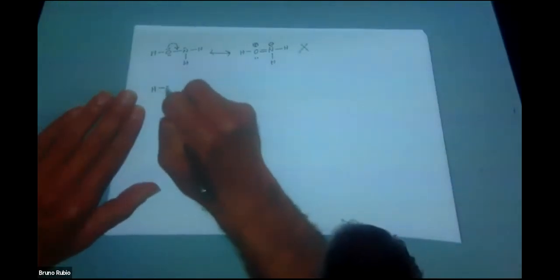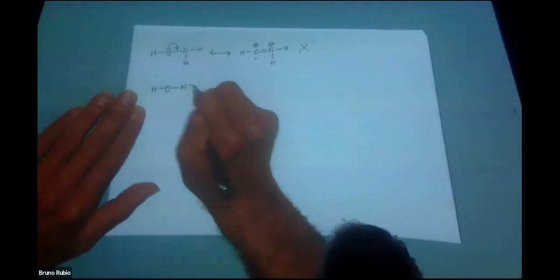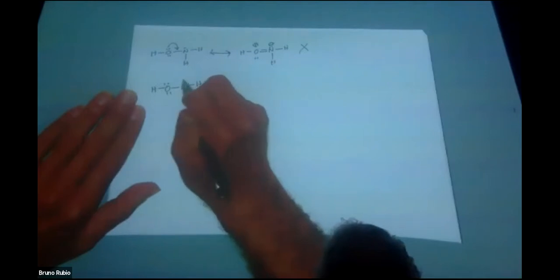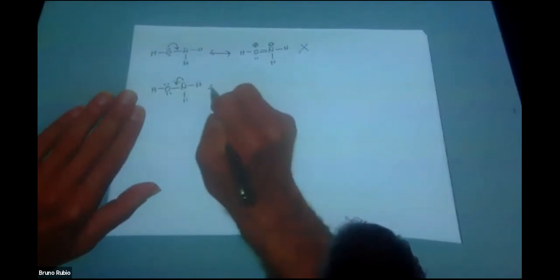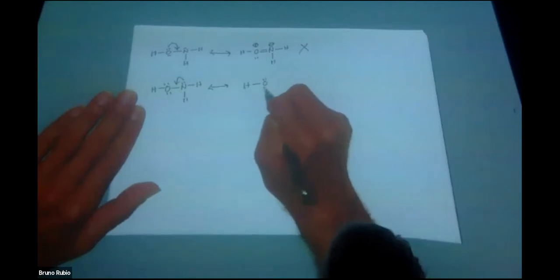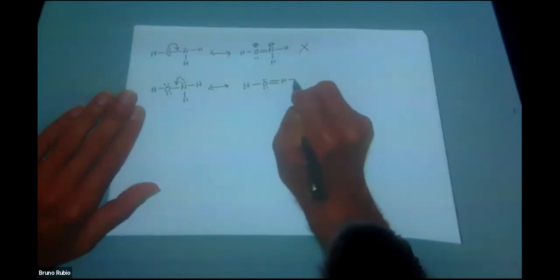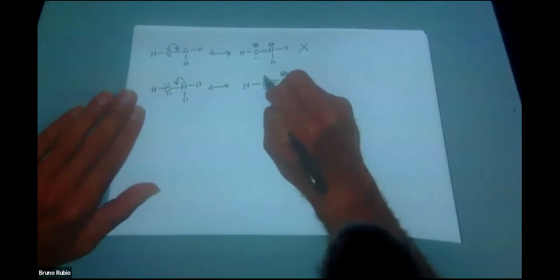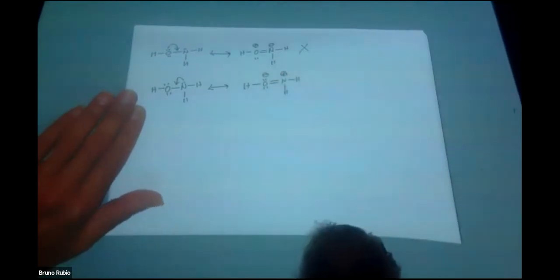All right, so maybe the answer is to move the unshared pair on the nitrogen. Maybe do that. This nitrogen would pop out positive, this oxygen would pop out negative. How's that look?